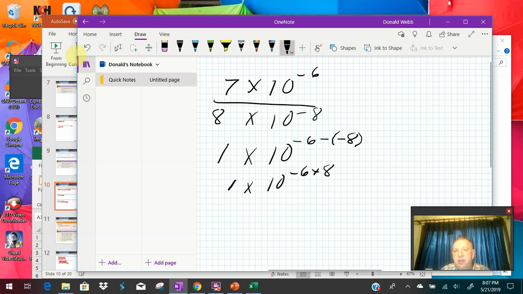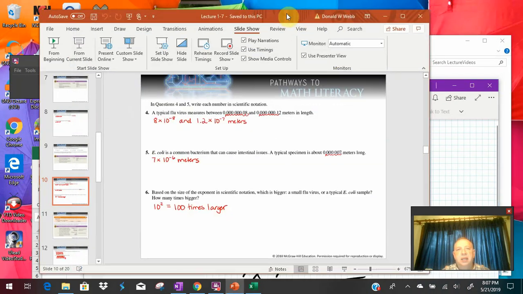So that's my plus 8. Negative 6 plus 8 is 2. So 1 times 10 squared would be just simply written as 10 squared. So that's how you're handling that. I just thought I would kind of work that out for you.